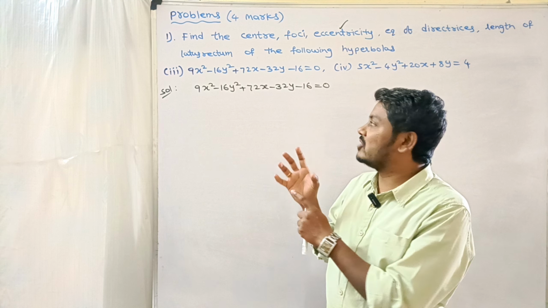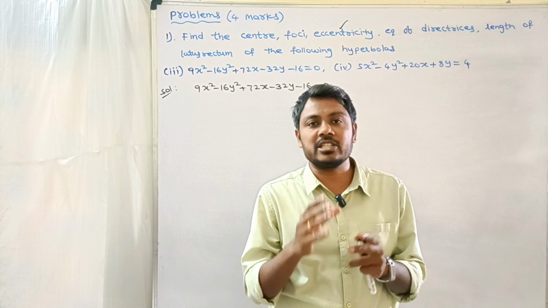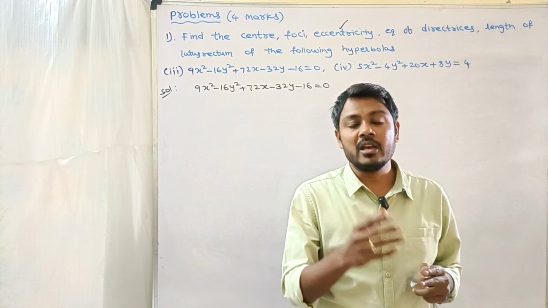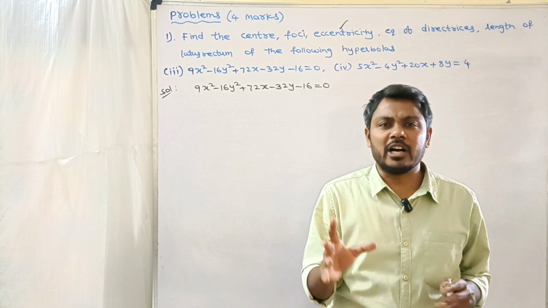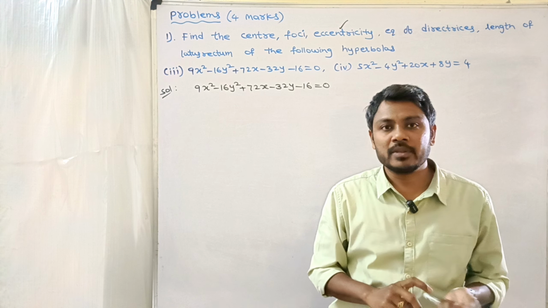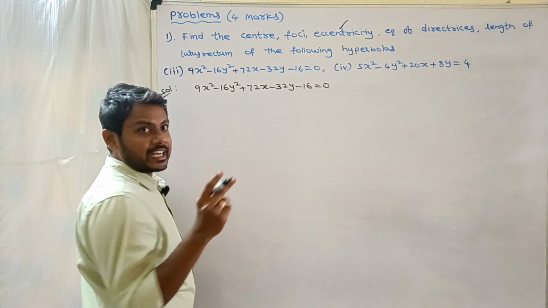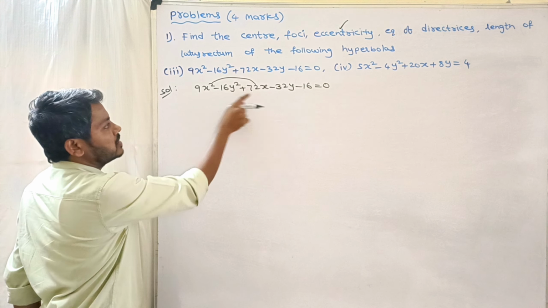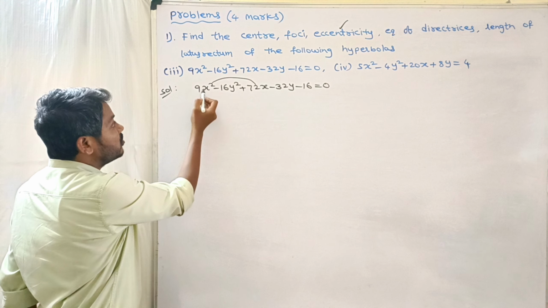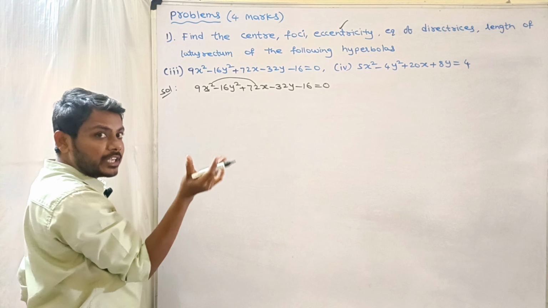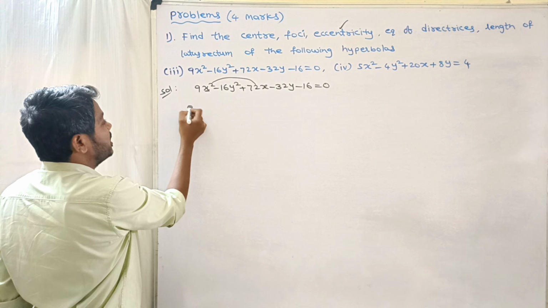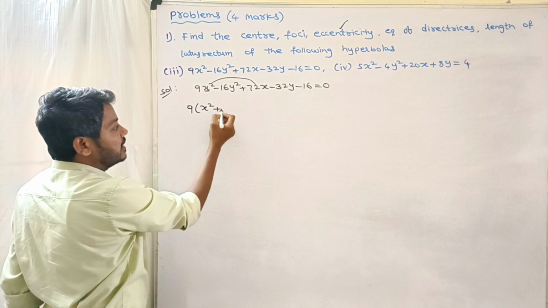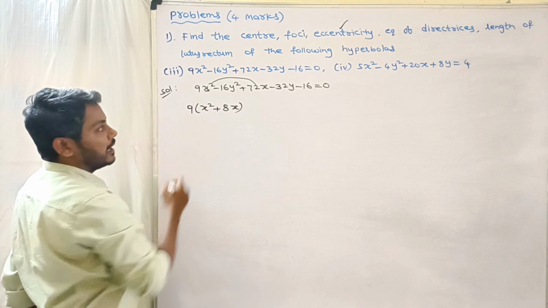So we can write the given equation in the form (x minus h) whole square by a² minus (y minus k) whole square by b², which is equal to 1 or minus 1 based on the given question. Now first write the x terms. In the x terms we have 9x² and 72x. What is the x² coefficient? 9. So we can take 9 common: 9 of (x² plus 8x).